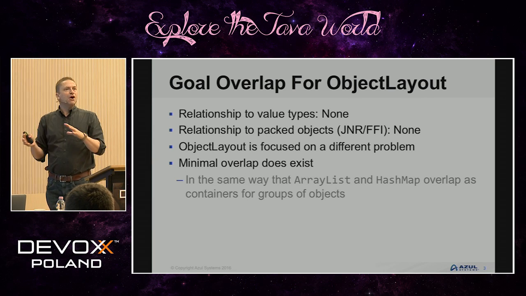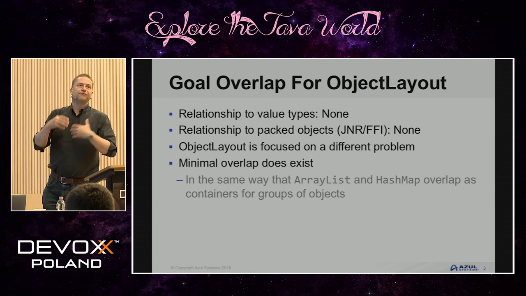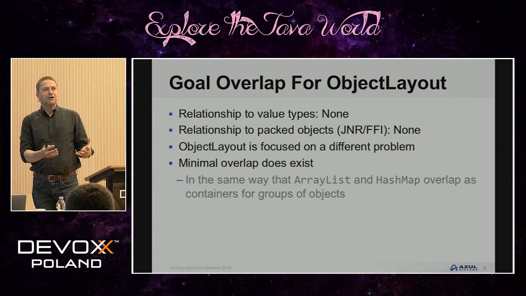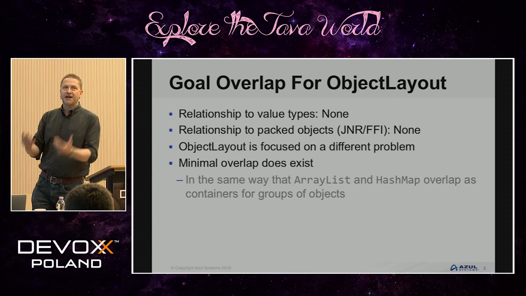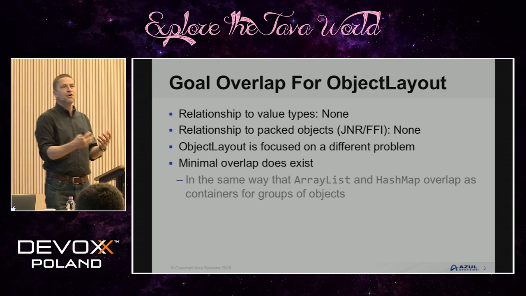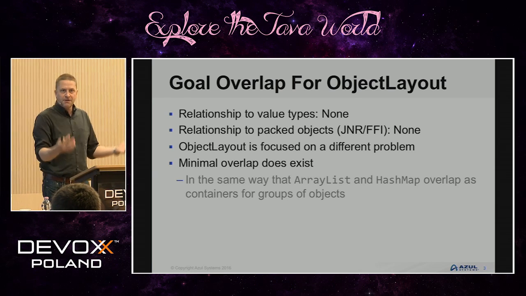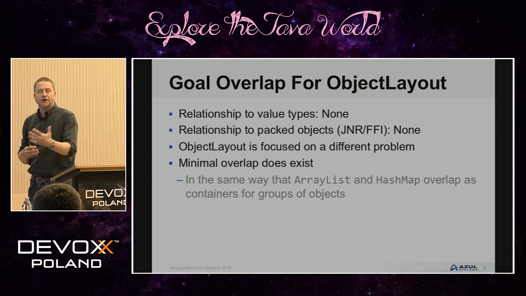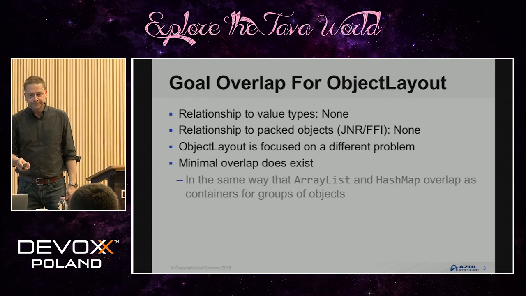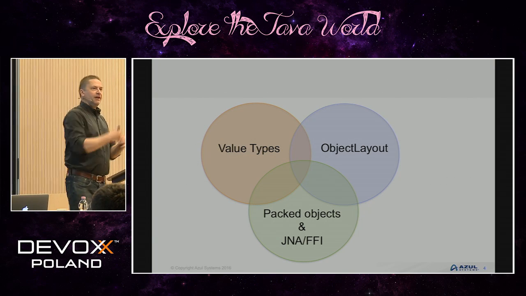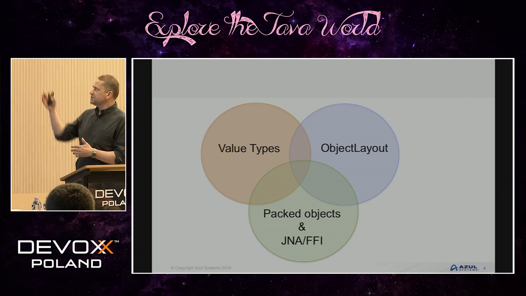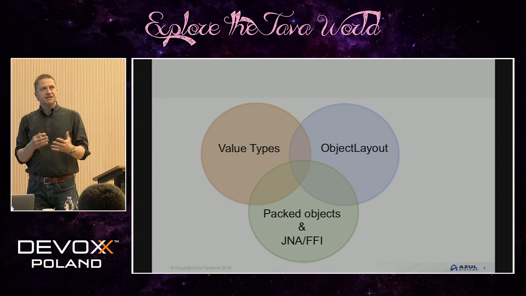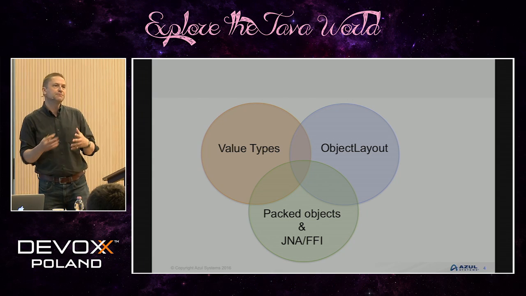There is some overlap in terms of how things might work. And you can think of it in the same way that in terms of collections, you can have an array list, you can have a hash map. Now, they're both collections, they're both ways of storing objects as a collection, but how they work is very different underneath. So that's the kind of overlap that we're looking at there. And what we can do is we can create a nice Venn diagram which shows these three different types of project and look at the different aspects of those and how they do overlap in terms of their use.